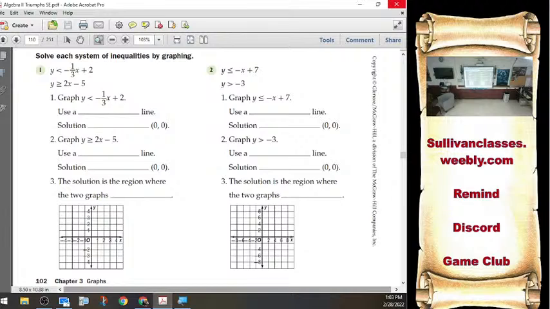So I'm confused on what I would do for y is greater than -3. Remember those guys?